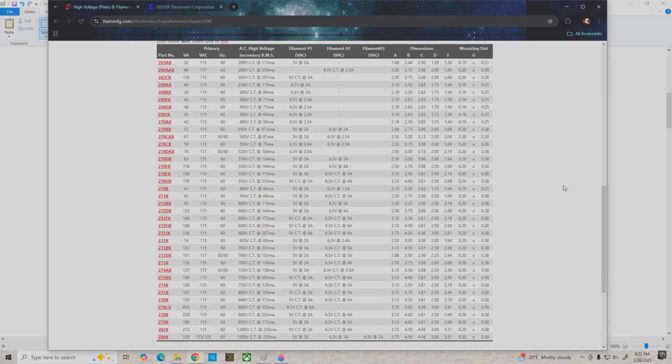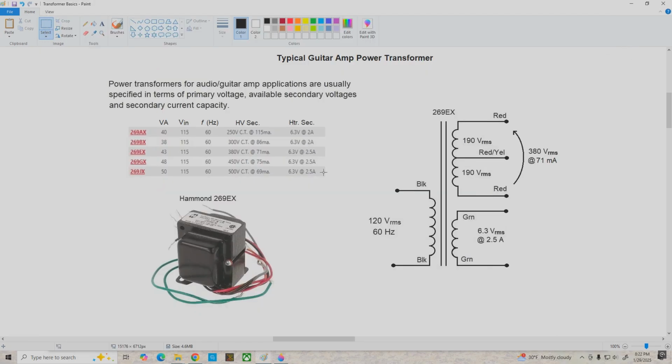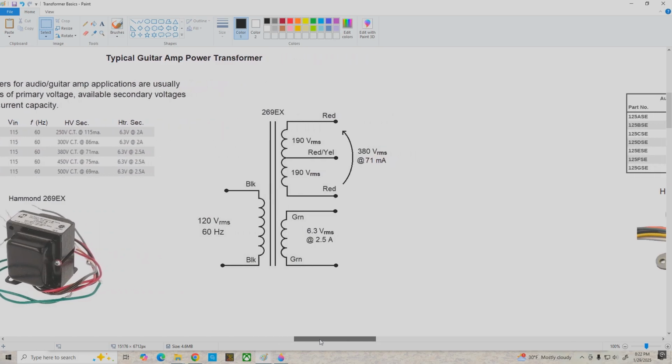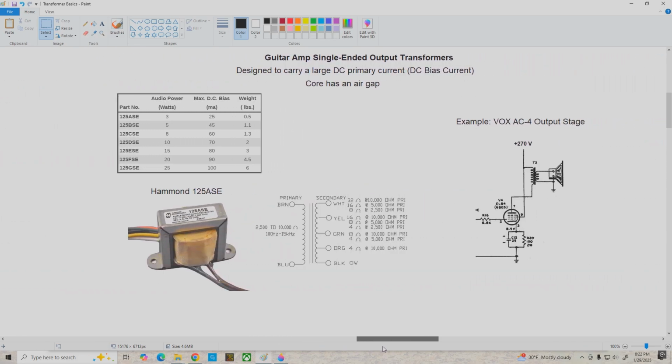They also have a bunch that are designed specifically for replacement purposes for Marshall, Fender, Vox amplifiers, and so on. So there are a lot of power transformers available out there, and we'll talk more about these as we need to when we're designing amplifiers. Let's go on over now and take a look at some single-ended output transformers.